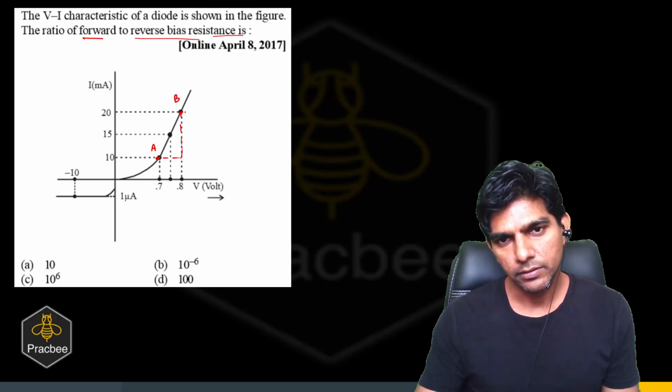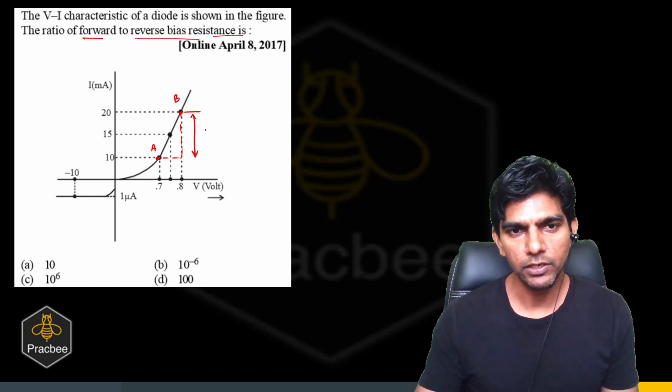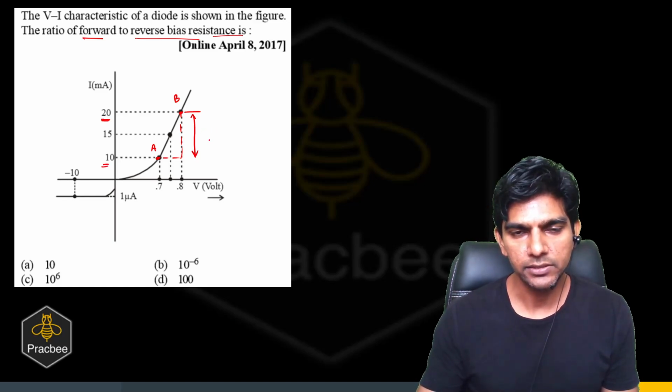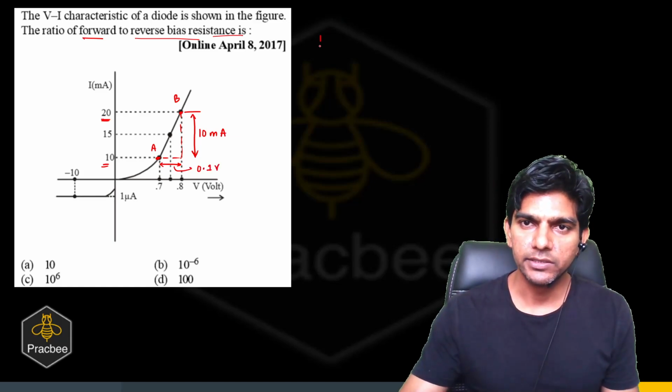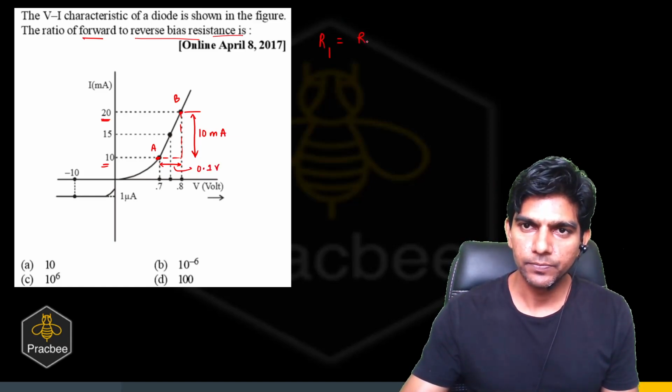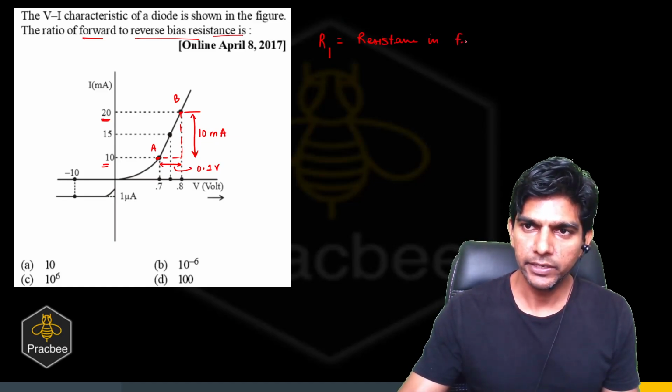Now find the change in the current from A to B. It will be 20 minus 10, so it will be 10 milliampere. Now let us see what is the change in the voltage from A to B. This will be 0.1 volts. So the resistance, let us say R1 is the resistance in forward biased mode.